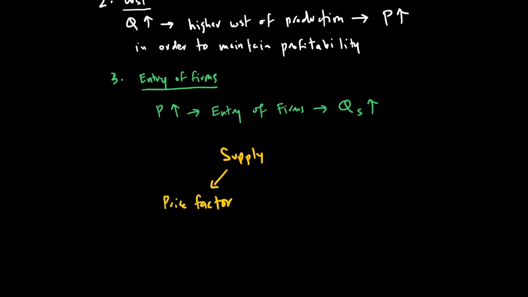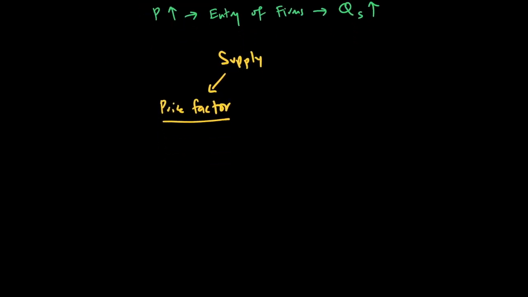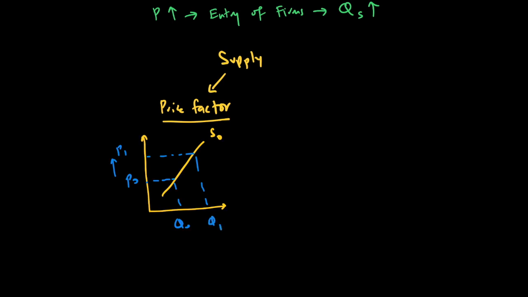So this is my supply curve S0, and if I'm changing price, this is basically causing, for example, a change in quantity supplied. And we've discussed the factors as well that may result in this movement along the supply curve to happen, such as the cost factor, such as the profitability factor, and so on.